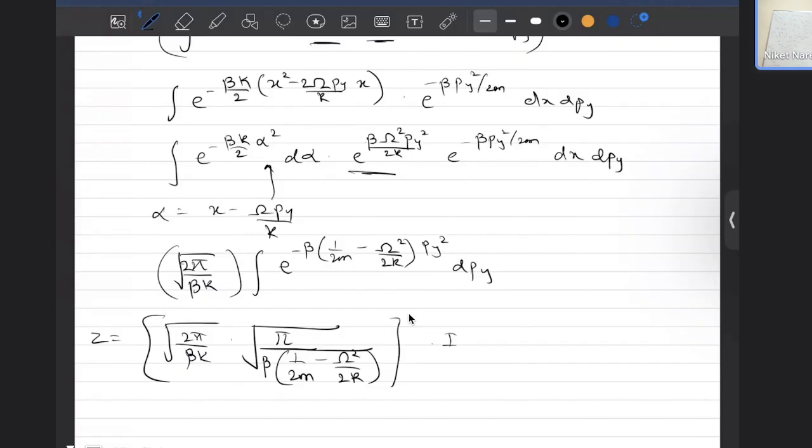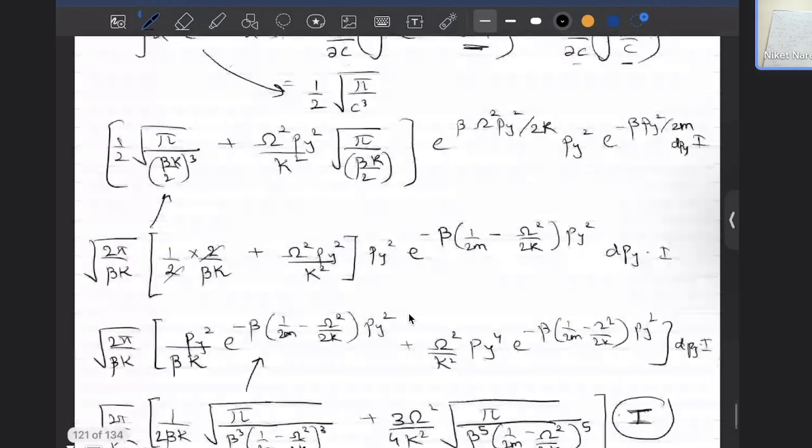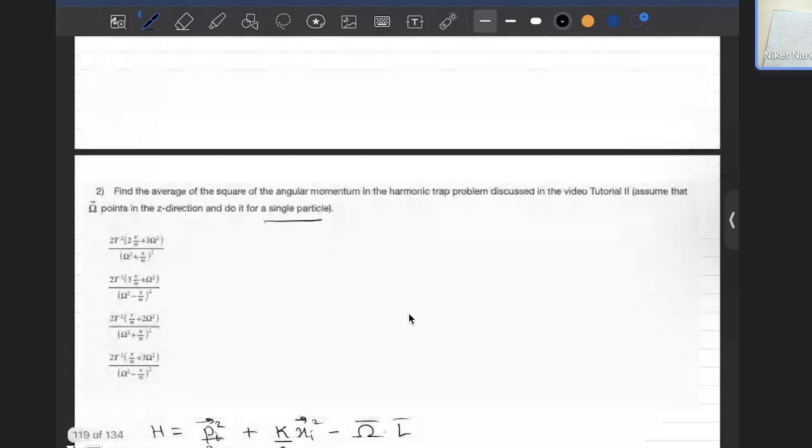I hope I haven't made any mistakes here. Right. So let's see what kind of options are present. Yeah, I think I would get the answer, hopefully.